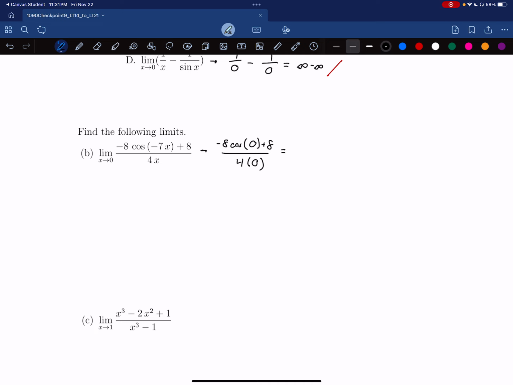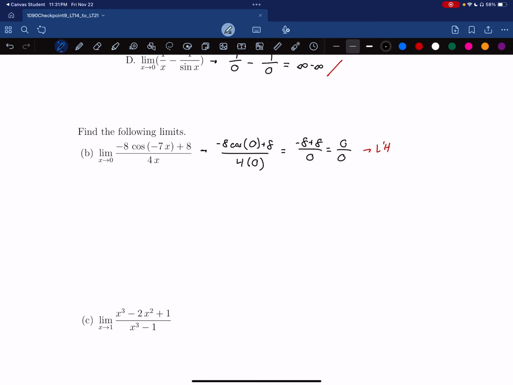Cosine of 0 is 1, so we'll have negative 8 plus 8 over 0. That just equals 0 over 0. That's indeterminate, so we need to use L'Hopital's.